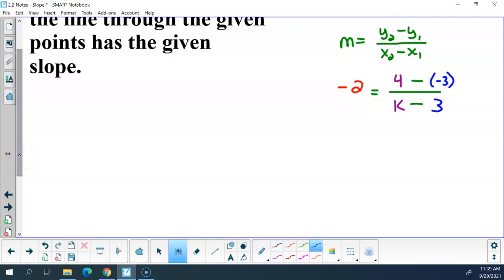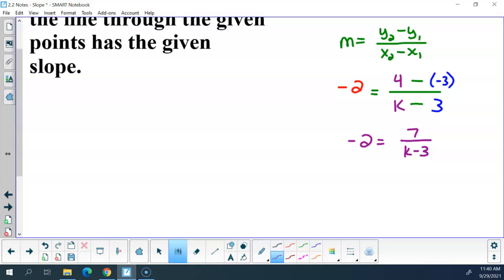Is there anything I can do to make it look a little bit prettier? Well, first let's do this. Okay, now what are my options? Multiply by k minus 3 on both sides, or I could put the negative 2 over 1 and cross multiply.